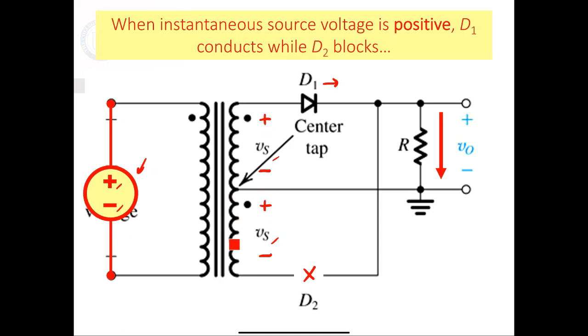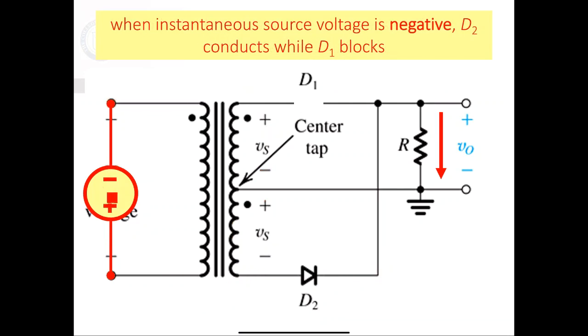And the result is current flowing through this path as shown. It will flow out through the transformer, down through the load, and then return to the source, completing the path. This part of the circuit will not be used, again, because diode number 2 is going to be blocking.